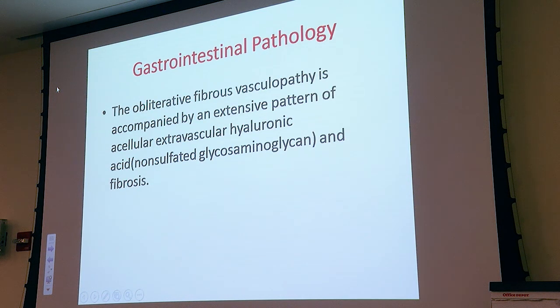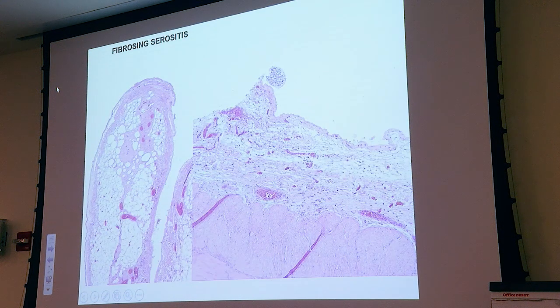So over and above the obliterative fibrous vasculopathy, which again is that sort of end stage lesion, is a significant degree of acellular extravascular fibrosis and mucin. So that's one other aspect of the pathology.